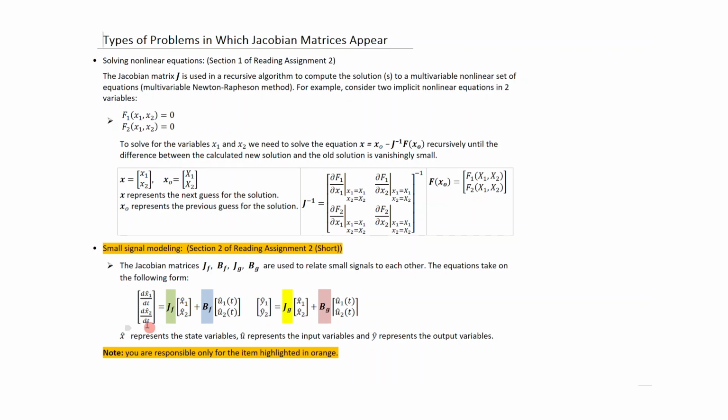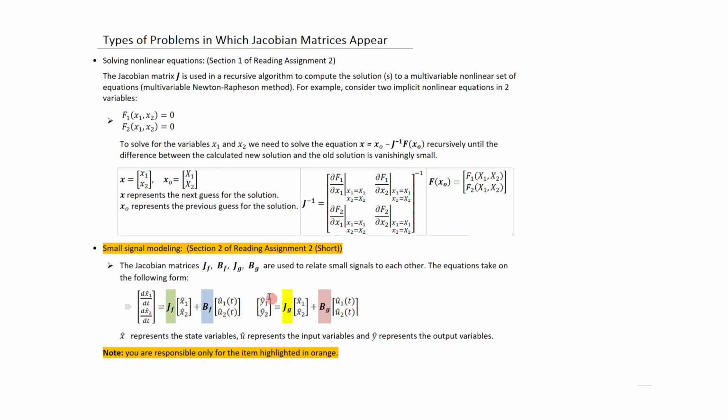On this side, you see a differential equation for the state variables x1 and x2. These are the perturbed values, the small signals x1 hat and x2 hat, and they're related to the small signals x1 and x2 through a matrix, which we call the Jacobian matrix. They're in terms of the state variables as well as any input variables, u1 of t and u2 of t.